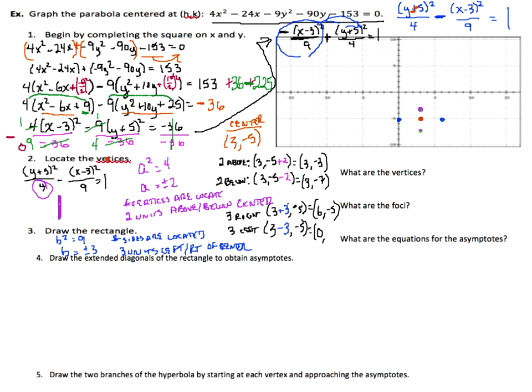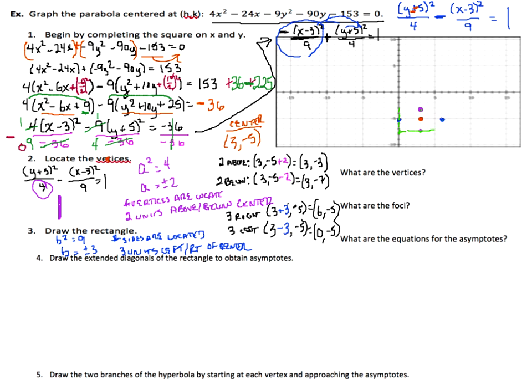And that gives me 0, -5, and that is this point there. Okay, so I'm ready to draw my rectangle.